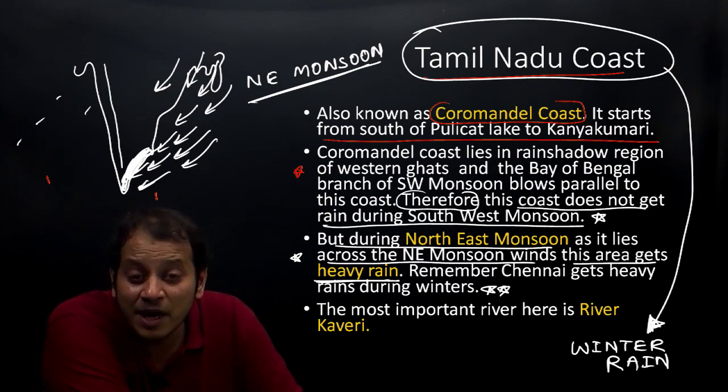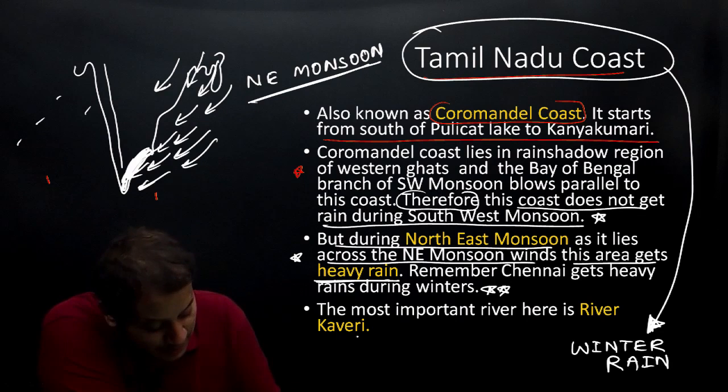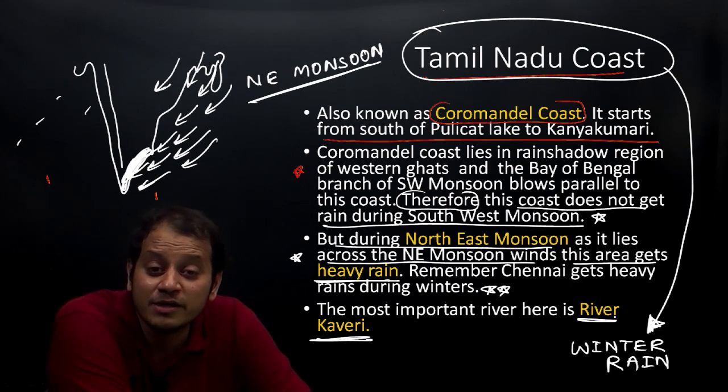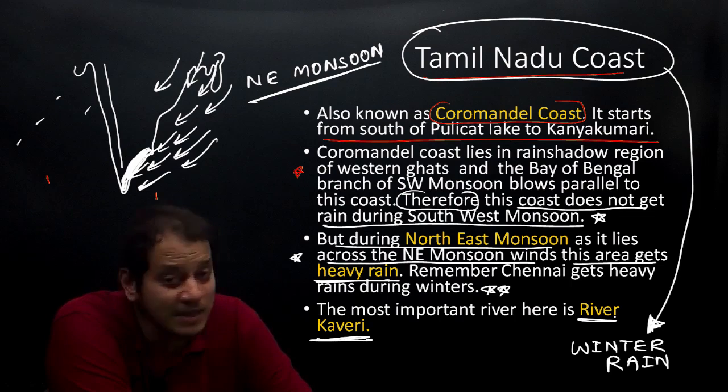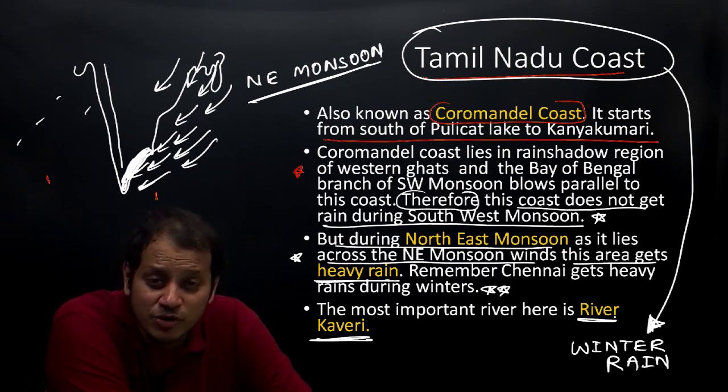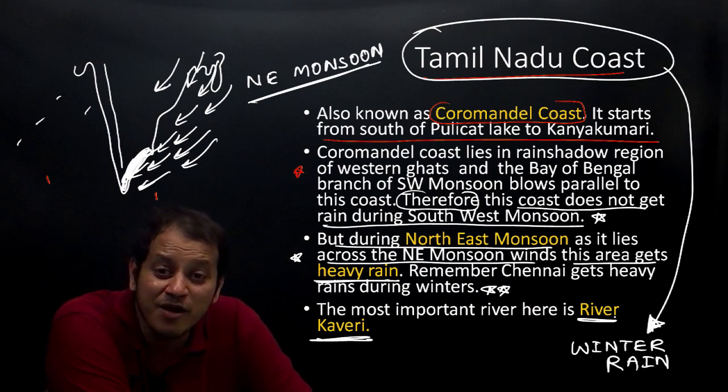Now, the Tamil Nadu coastline, the most important river here is River Kaveri. River Kaveri is the most important river of the Coromandel coast or the Tamil Nadu coastline. So, Tamil Nadu or the Coromandel coast is a fertile, highly agriculturally rich region. It lies in the rain shadow region of the Arabian Sea branch of the southwest monsoon, while the Bay of Bengal branch flows parallel to it.